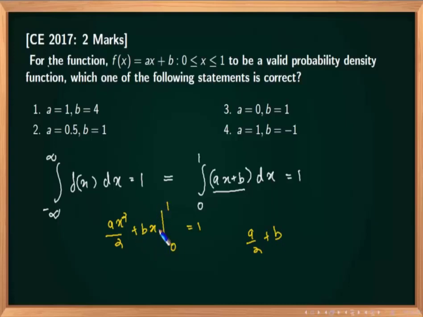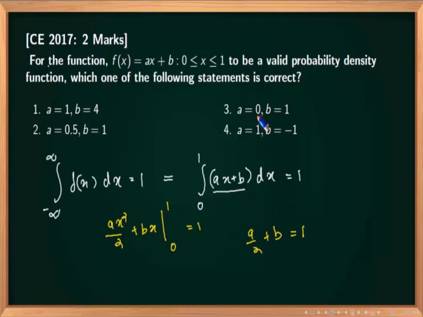Now if I substitute 0, I'll get 0, so if I subtract 0 from this, I'll get just a by 2 plus b. So this must be 1, which means that a by 2 plus b must be 1. When you see the options, in one option a by 2 is 1 by 2 plus 4, it's not 1.